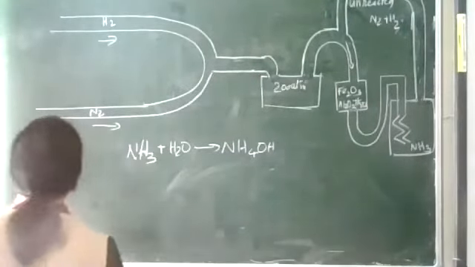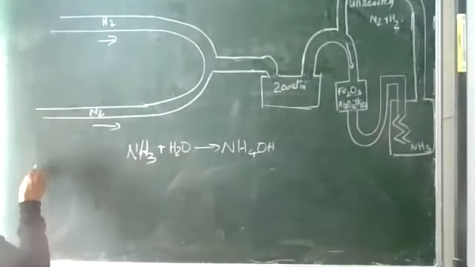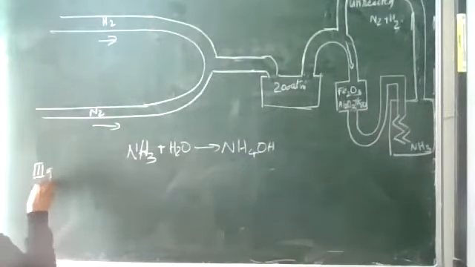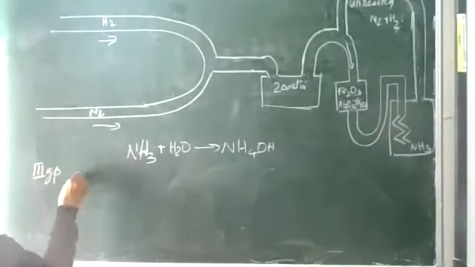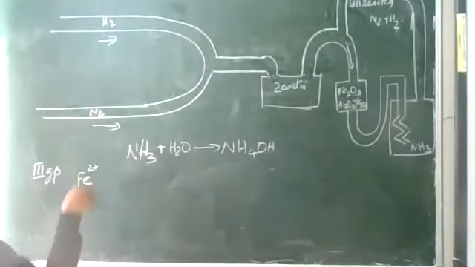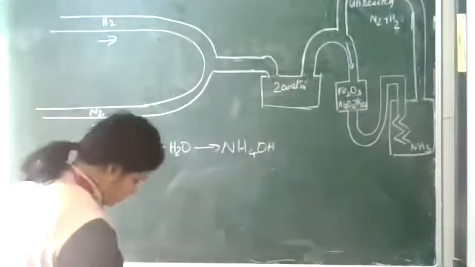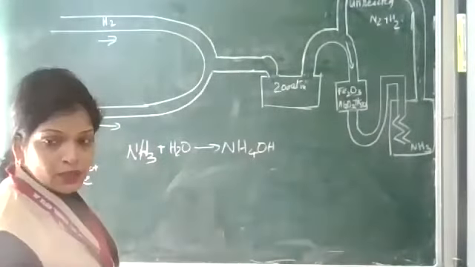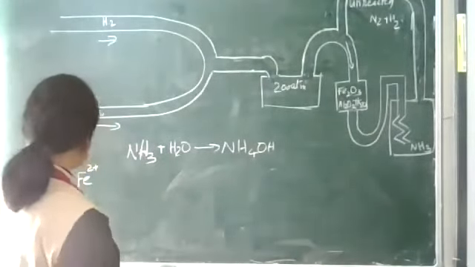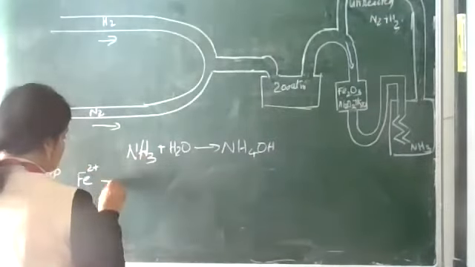So, what is the function in the third group? In the third group, to detect the presence of Fe2+ or Fe3+, we use this ammonium hydroxide.